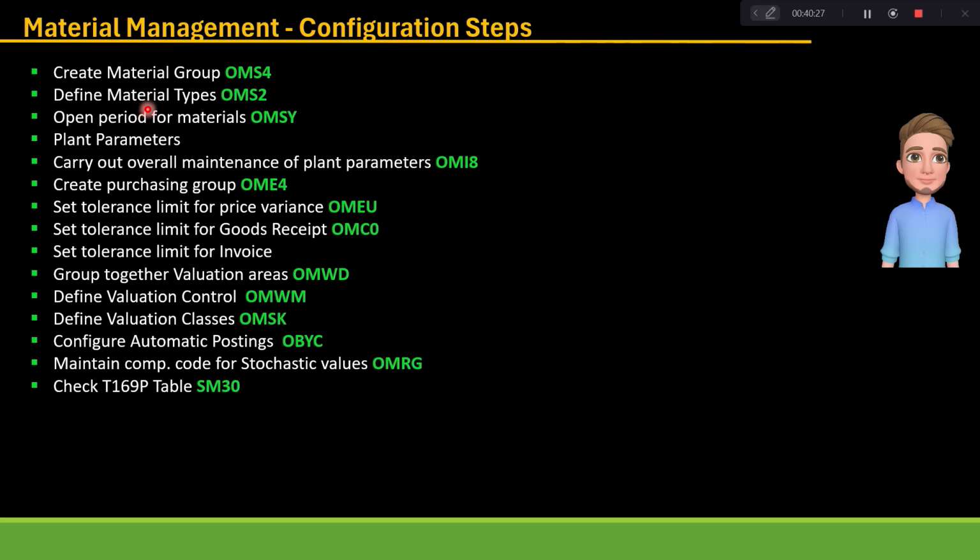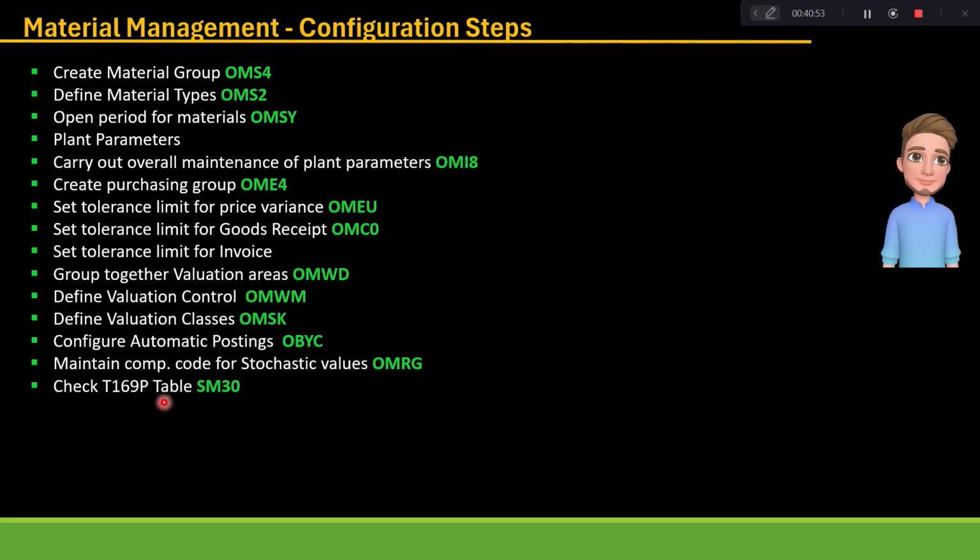Create material groups, material types, open period for materials, which we have done, carry out overall maintenance of plant parameters, which we have done, create purchasing group, set tolerance limit for price variance, set tolerance limit for goods receipt, set tolerance limit for invoice, group together valuation area, define valuation control, define valuation classes, configure automatic postings, maintain company code for stochastic values.